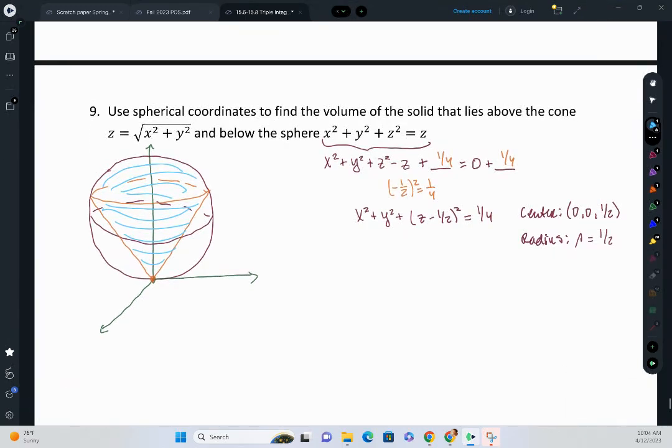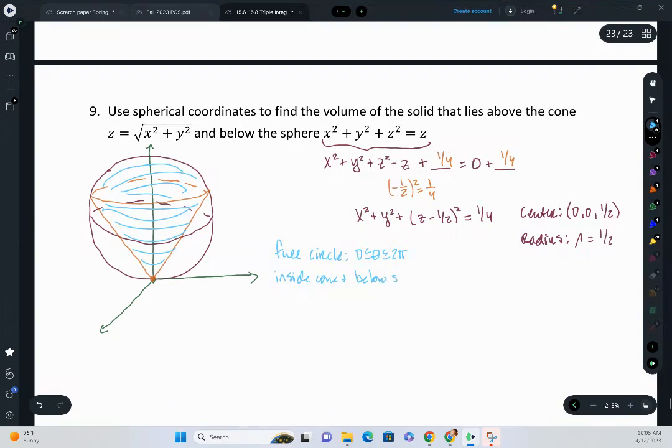So again, we have a full circle. We're inside the cone and below the sphere, so that gives us information about our bounds. So full circle tells us that theta goes from 0 to 2 pi. Inside the cone and below the sphere tells me that phi is going to stop at pi/4, so it starts at 0 and goes to pi/4. What we don't know about is rho.